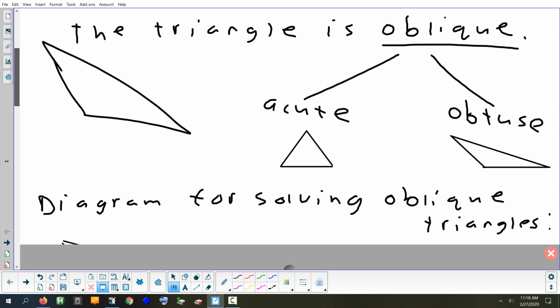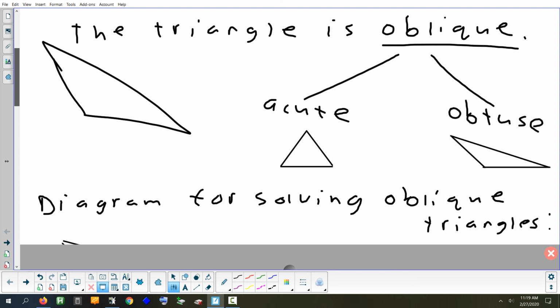A, B, C. Yeah, what are A and B? C is the hypotenuse. And A, B could be opposite or adjacent. Yeah, they're the legs, but they could be opposite and adjacent. Now, all I want you to take away from that is we're using the letters A, B, and C. You're not going to be thinking about the terms opposite and adjacent and hypotenuse, not in this lesson at all. We're just going to use A, B, and C for the sides.